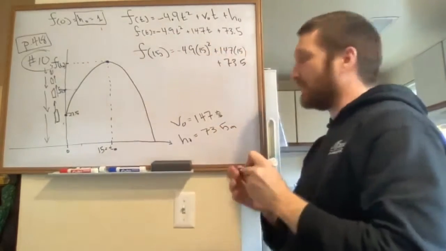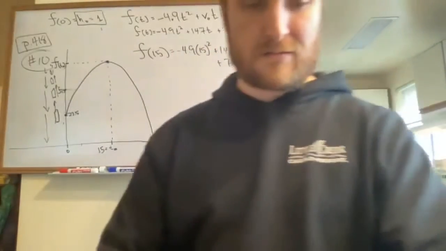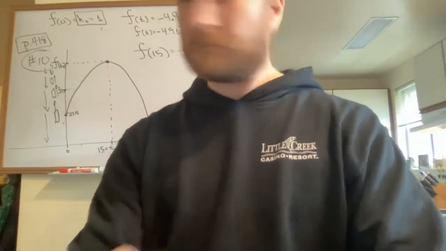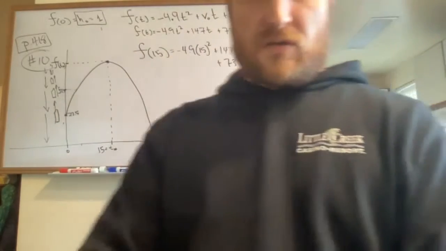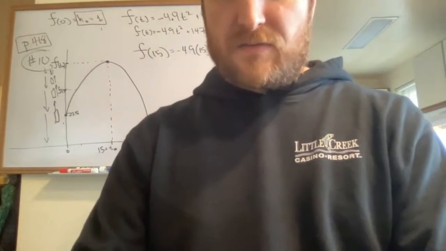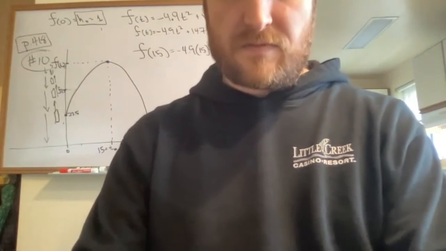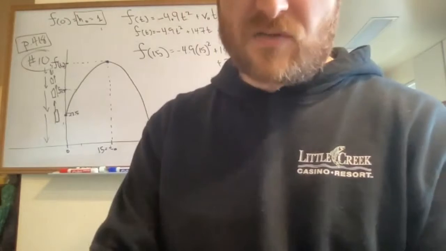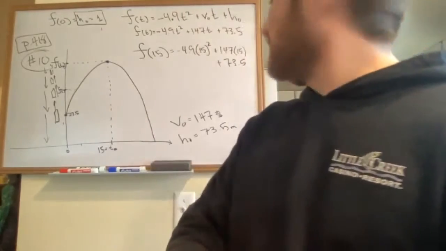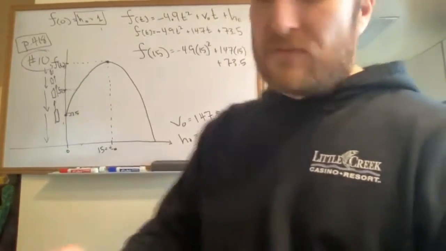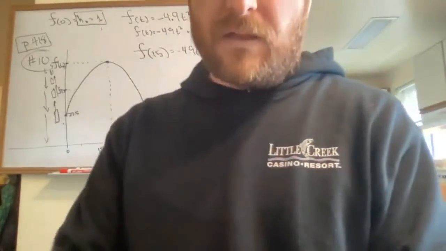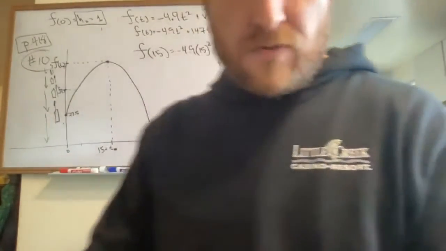And I'm not going to do that on my crappy little calculator. I'm actually going to do that real quick on Wolfram Alpha. Give me a second. So we have minus 4.9 times 15 squared plus 147 times 15 plus 73.5.